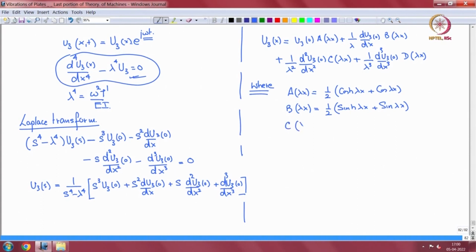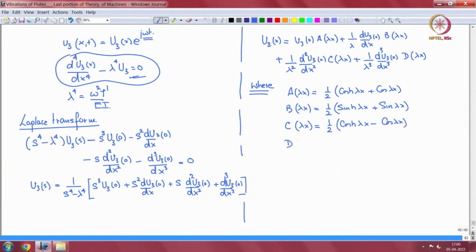C of lambda x is 1/2 of cos hyperbolic lambda x minus cos lambda x.